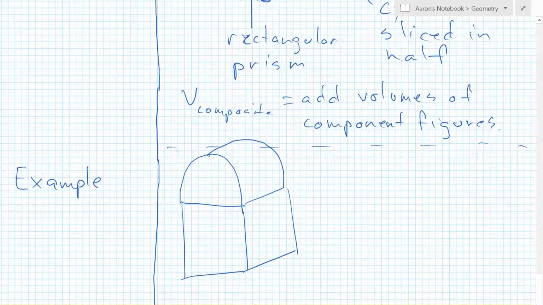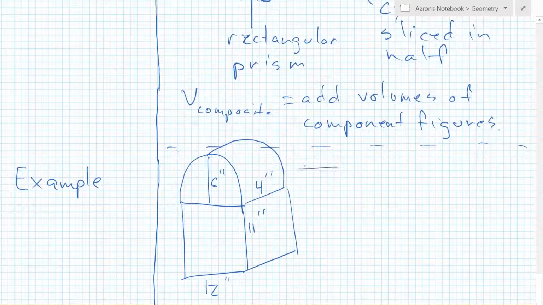So for our example, we're going to find this figure's volume. I've got a lot of different dimensions on here, but we needed the radius of this top section.